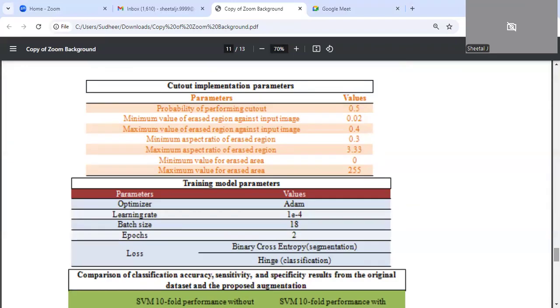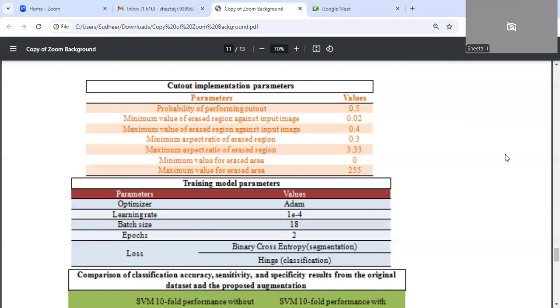Then for segmentation and classification, we are choosing several parameters. The optimizer used is the Adam optimizer. The learning rate can be between 0 and 1. The lower the value we choose, the higher the performance. Then batch size: within one batch 18 samples have been considered, and it has been tested for two epochs. The loss function used for segmentation is binary cross entropy, and for classification it is hinge loss.